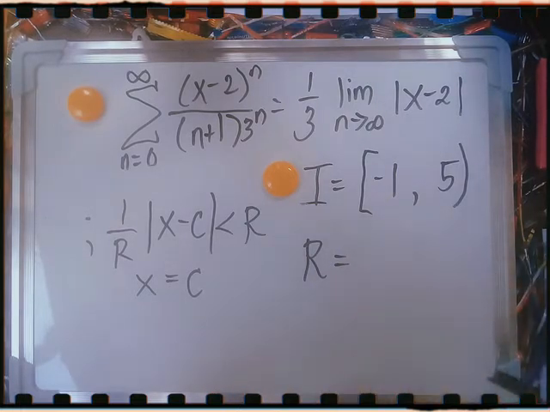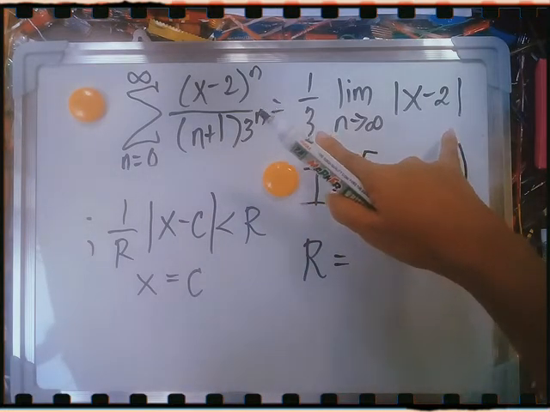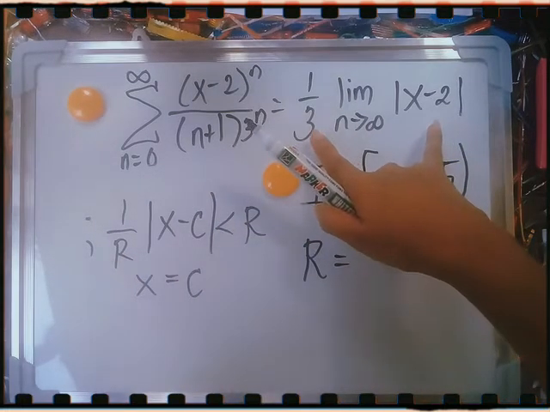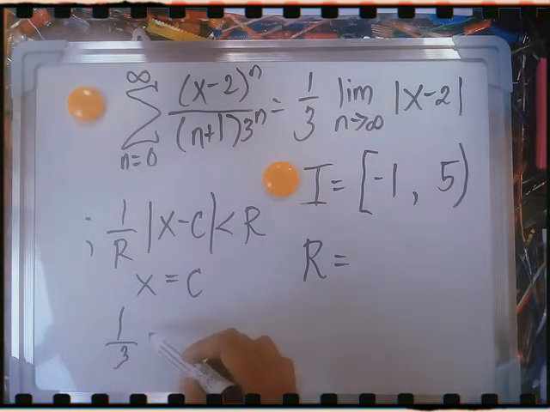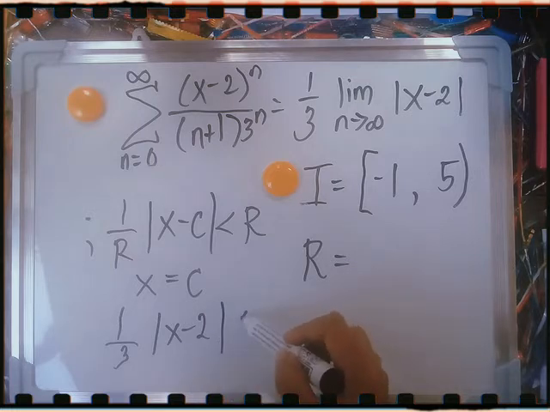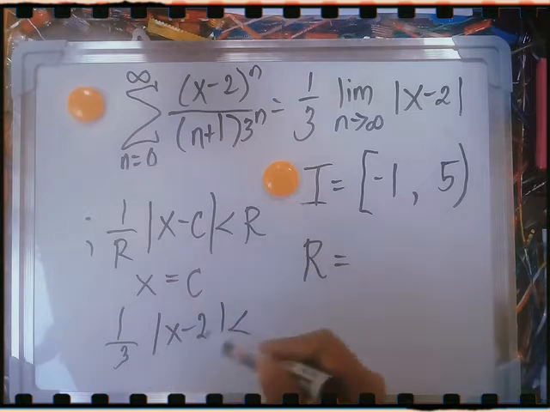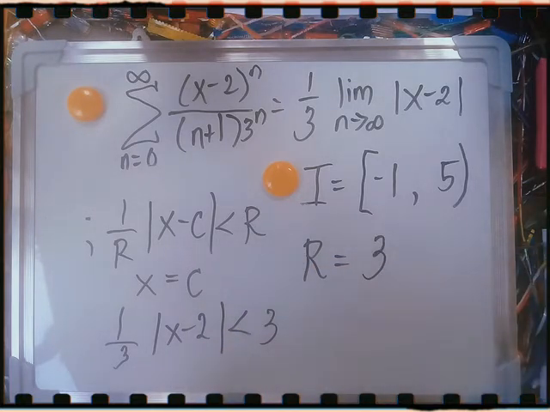And then our radius here will be equal to, this is what we got. The answer will look like this. So I have here 1 over 3, the absolute value of x minus 2 is less than. So in here r, the value of r is 3. So our radius would be 3.